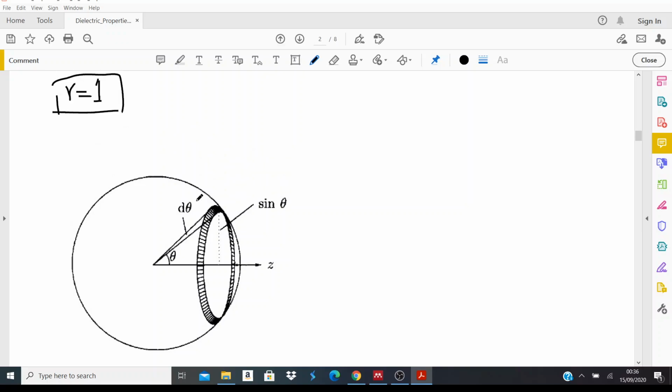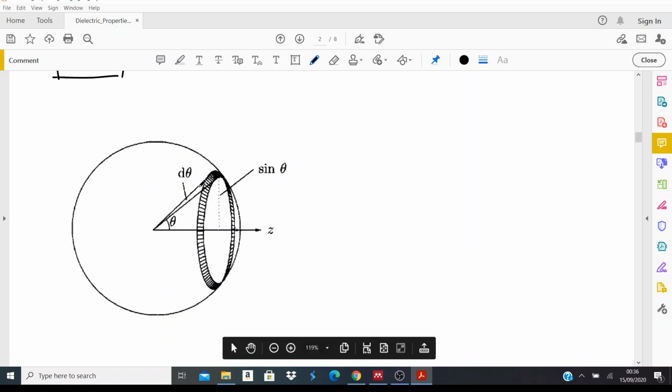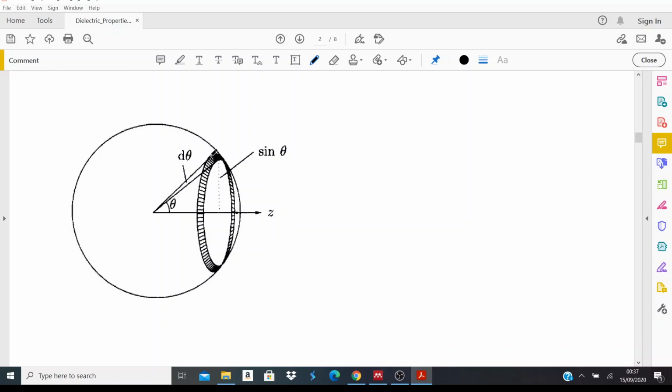So if we don't apply any electric field, the permanent electric dipole moments inside the solid will orient themselves in all possible random directions. They will be covered by the sphere, pointing out in all possible directions from the center. So every possible direction is a direction of an electric dipole moment. And also, let's say this is our z direction.